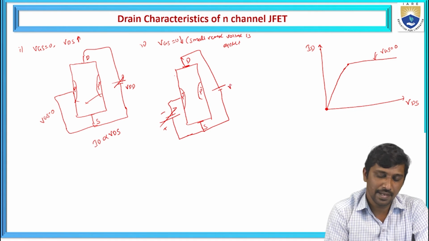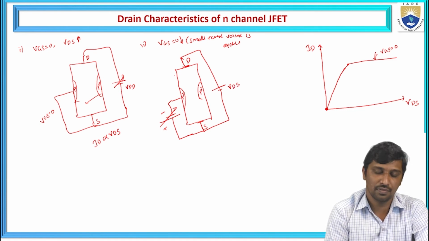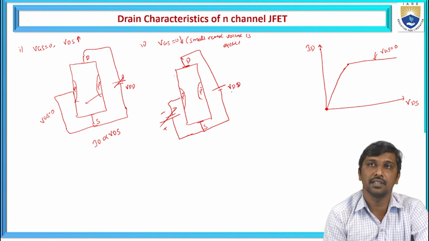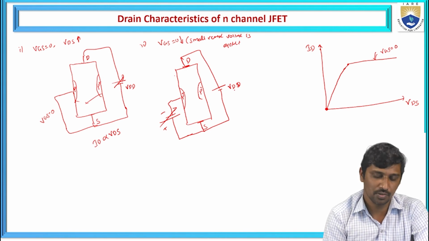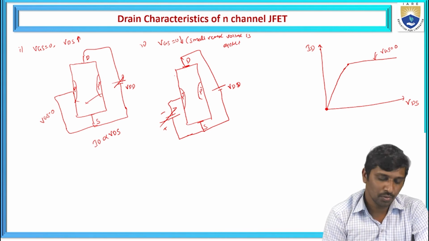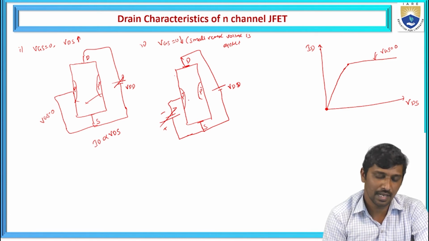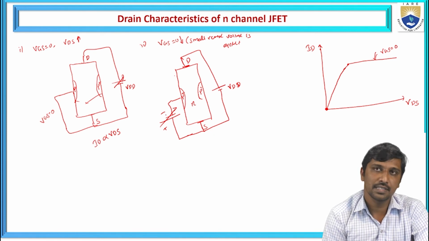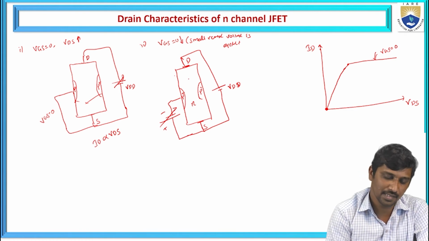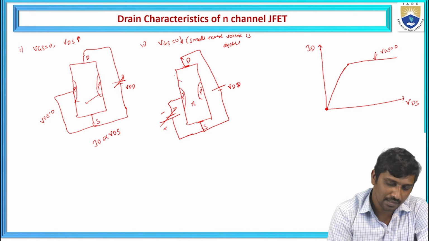Now we'll see what happens with the same applied biasing voltage VDD between drain and source. Due to this reverse voltage, this is the p-type material and internally this is n-type silicon, so this particular junction becomes reverse biased. Hence, the depletion regions increase.